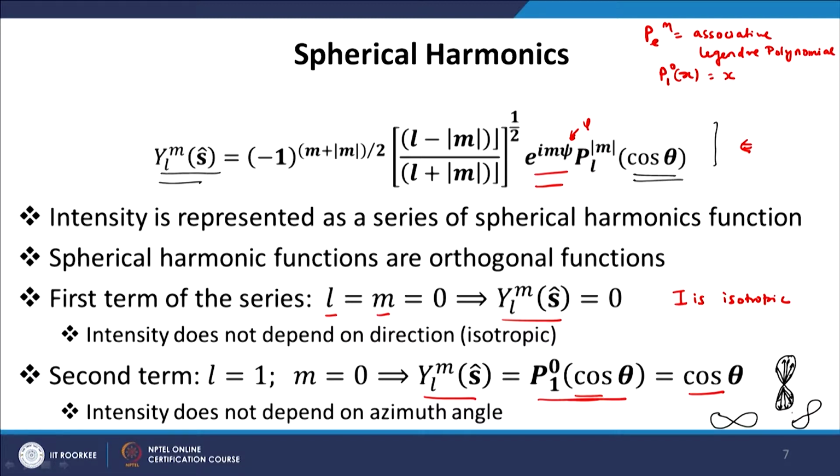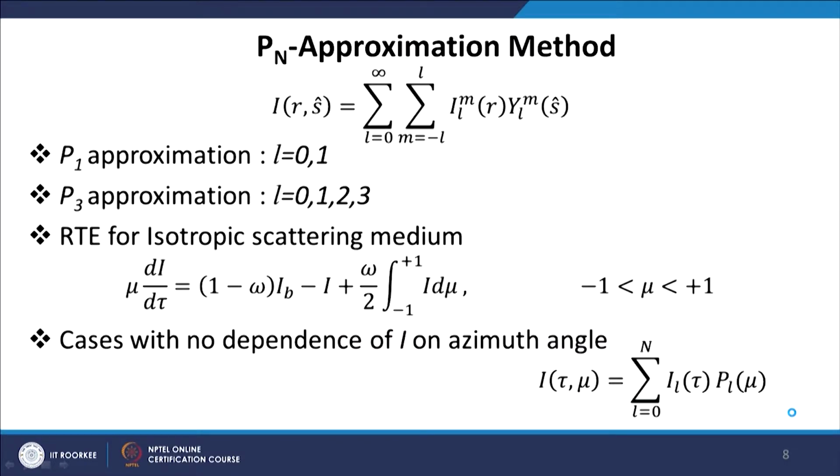All these terms are then added together in the Fourier series. So, in the P_N approximation method, N means how many terms in the Fourier series are retained. We have written that the intensity variation at any point in space will be a function of radius r and direction s, where the direction depends on theta and the azimuthal angle psi, and which can be written in terms of a series of spherical harmonics.